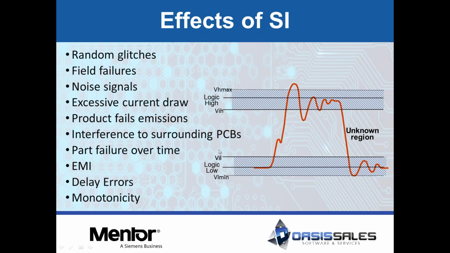When you think about 10,000 hours, that's a long time. But if that product is on 24/7, 10,000 hours is about 18 months. After 18 months of constant use, your product could start having field failure issues due to a part being damaged from signal integrity.